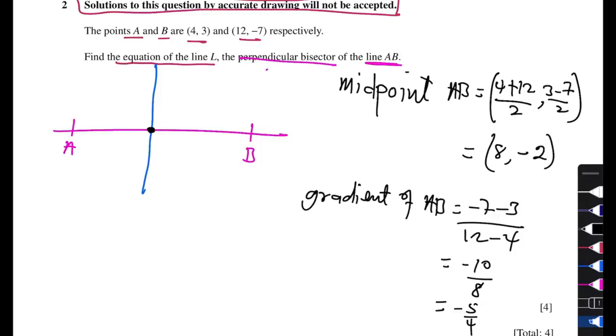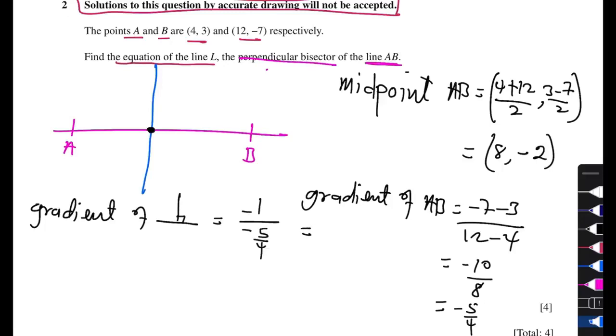All right, so once we have the gradient of line AB, we can find the gradient of the perpendicular, right? So gradient of the perpendicular line will be equal to negative 1 over the gradient that you just found. And this will give you 4 over 5, right?